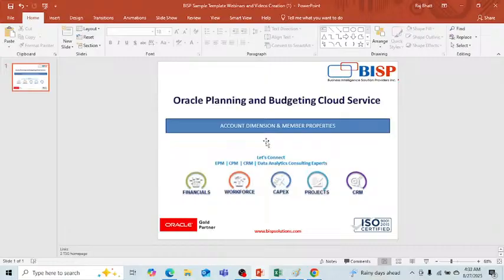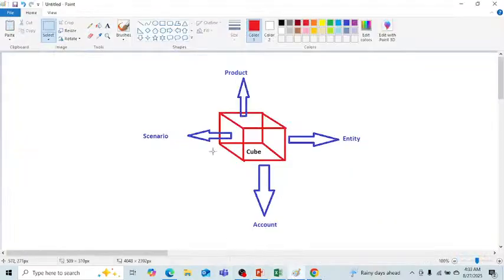So first, let me quickly review the basics. In Oracle PBCS, a dimension is a category of data. I can show you on the paint that yesterday we covered the difference between the dimensions and the cubes. We also got to know what kind of dimensions are impactful for any organization.